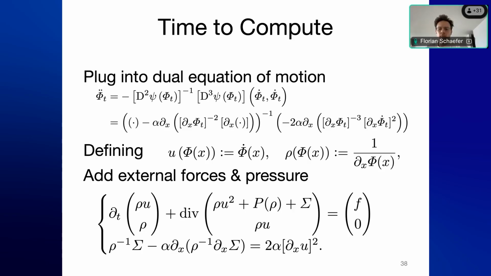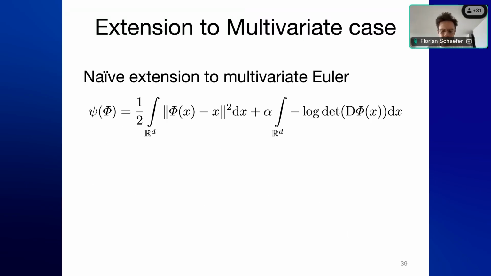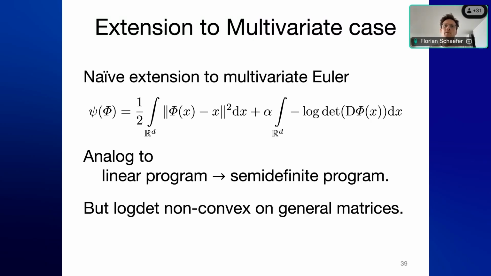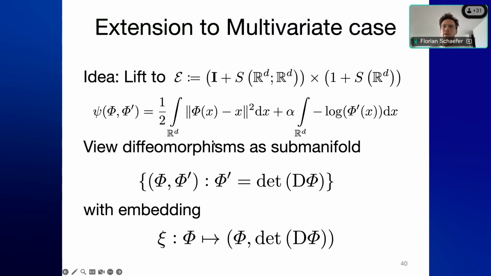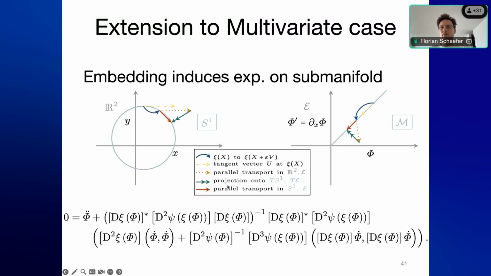Now there's some interesting stuff happening when going to the multivariate extension. The natural extension would be using the log determinant of the algorithm, but that is not in general convex, so we have to use a lifting approach where we lift this to a higher dimensional space. There's a standard way of inheriting curvature from an ambient space to a submanifold.